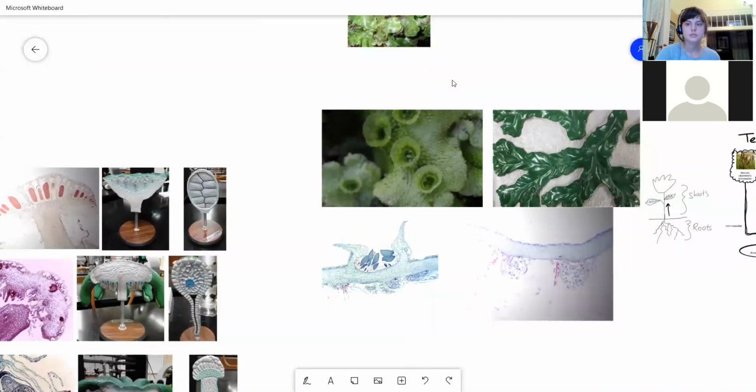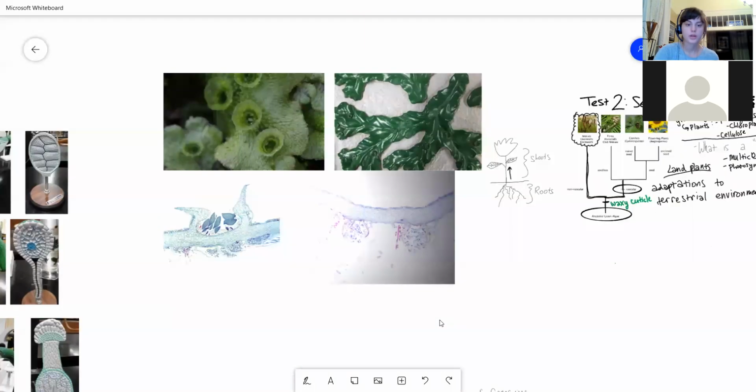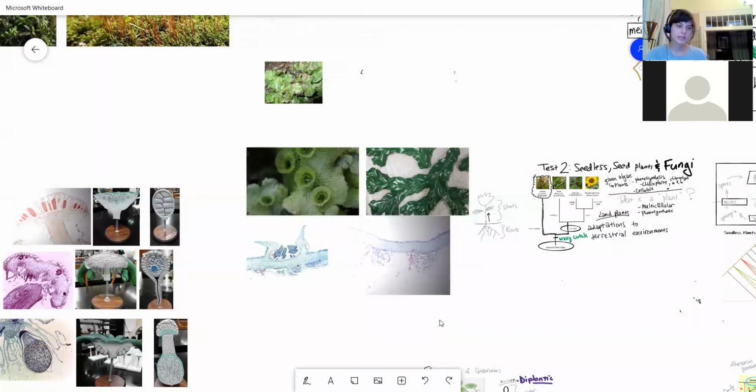All right, let's take another break and keep working. If you still need to do the pre-lab, try and get that done and start working on this life cycle assignment, so that if you have problems, we can talk about it again at 9. And at 9, we'll talk about any questions you have from the seedless plants, and then we'll also introduce the population genetics topic.